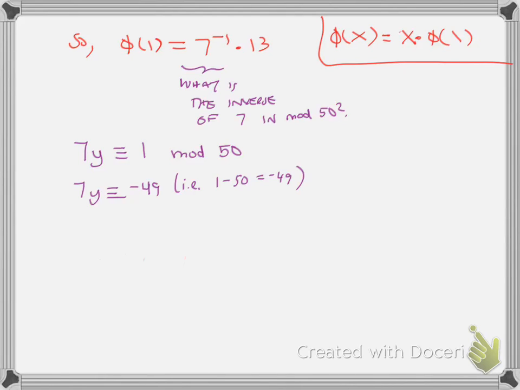Okay. So why did I do that? Because now I can rewrite negative 49 as 7 times negative 7. And by left cancellation, y is going to be equal, congruent to negative 7. Actually, we should look at this as an equation. Yeah, so this should be an equation.